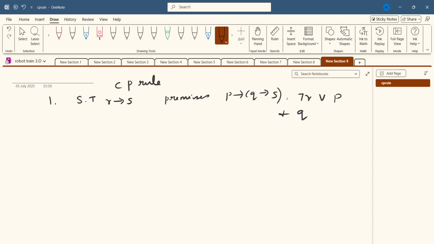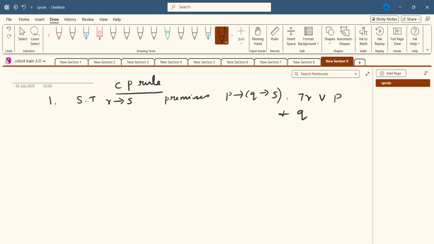We are going to arrive at the conclusion using these premises by using CP rule. What do you mean by CP rule? If a formula S can be derived from another formula R and a set of premises, then the statement R conditional S can be derived from the set of premises alone.